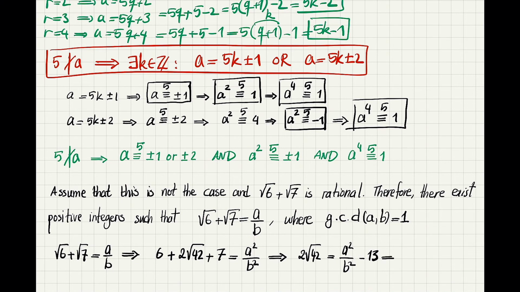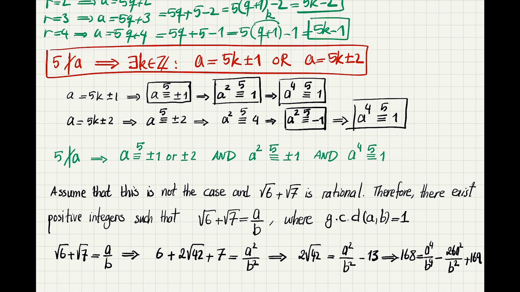To get rid of the final square root sign, I raise both sides to power 2 once more. The left hand side is 4 times 42, which gives me 168. On the right hand side, the first one to the 2 is a to the 4 over b to the 4, minus 2 times the first one times the second one, and then finally the second one to the 2, which is 169.